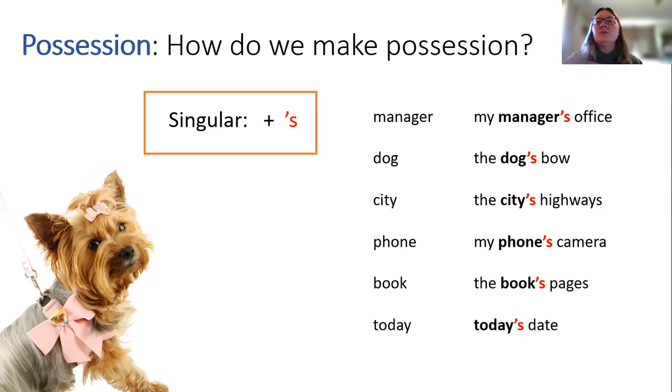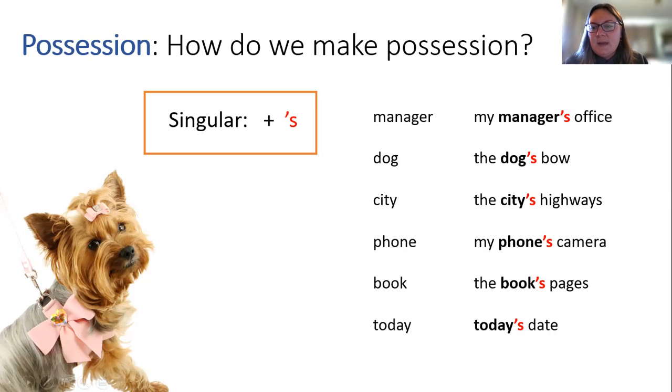But note that those are all nouns, right? The same thing with what follows them: office, bow, highways, camera, pages, and date. Those are also nouns. So we're looking at a noun owning or possessing or being linked to through a relationship, a noun possessing another noun. So we're really working with nouns here.